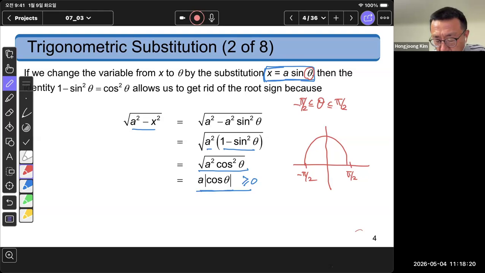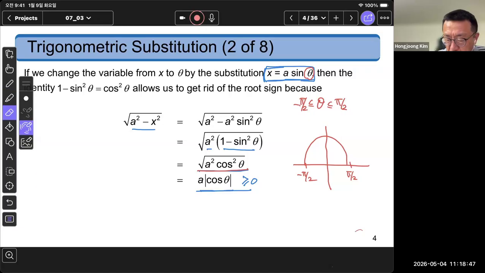Moments ago, when I just considered a sine theta to replace x, from the third step to the fourth, since the square root function returns a non-negative value, I introduced the absolute value of cosine theta.